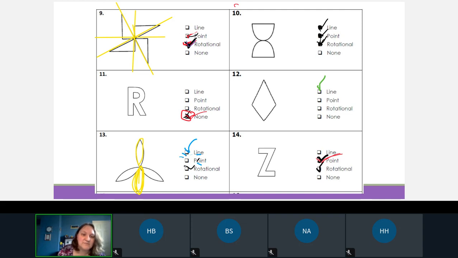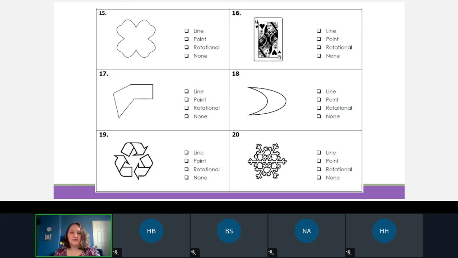So this top part would end up down here, but there's nothing there for it to land on. So that would not have point symmetry. But it does have rotational symmetry, so that's good. Nice. Everything else was right. You guys rock. All right, let's move on.